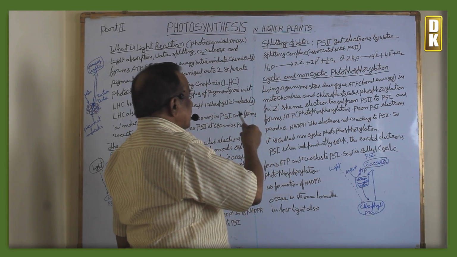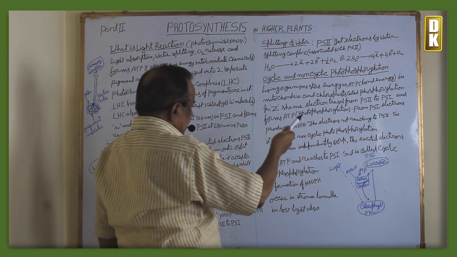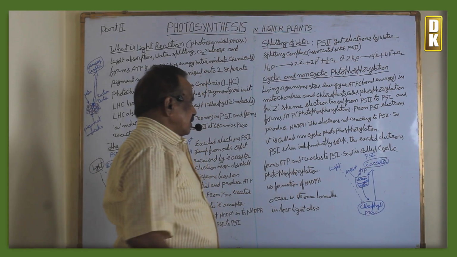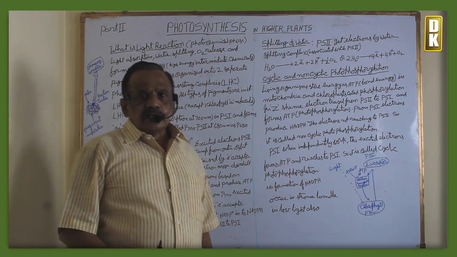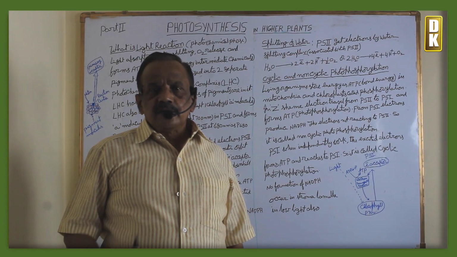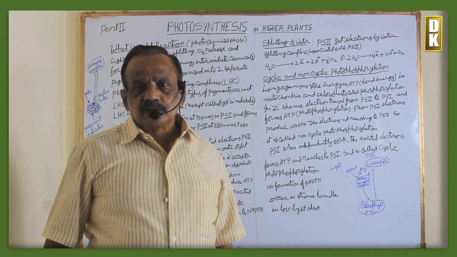How it works you have seen, and non-cyclic and PS1 we have seen. With this the video is over, and the next video is the chemiosmotic hypothesis. Be aware, it is most important.